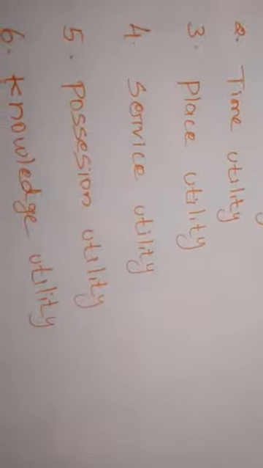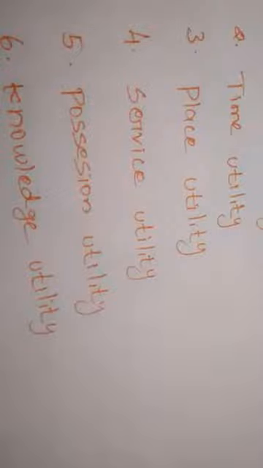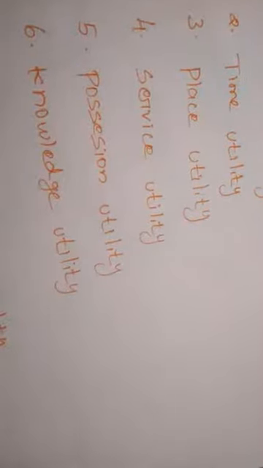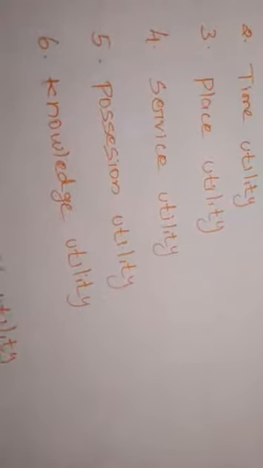That time he can consume. If he is not able to consume the services at the right time, it is not providing utility. Whenever a person's activity becomes a service to other people, that is called service utility. For example, the profession of the doctor is converted into a service to the patient. At that time the patient gets service utility.